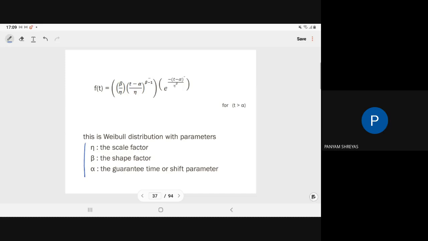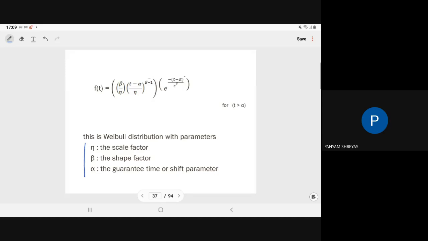During the guarantee time, we have the replacement of the device. So your reliability will start after the time alpha. So that's why we are taking z(t) for t greater than alpha. Alpha represents the guarantee time. During the guarantee time, if there is any failure, we have the new product. So actual reliability will start from the alpha time.